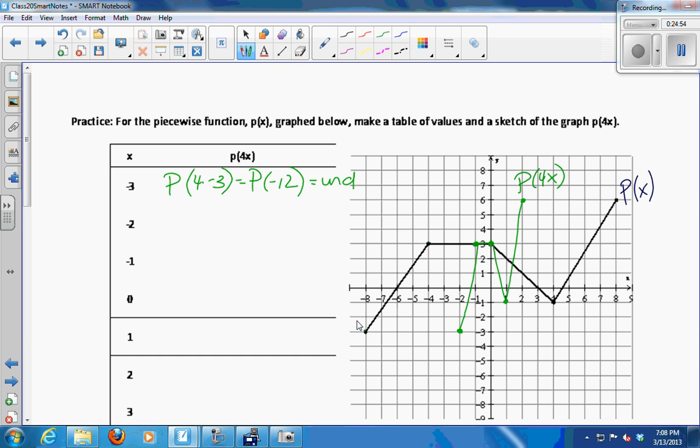Then I try x equals -2. So I do p of -8, because I'm multiplying 4 times the x value they gave me. P of -8 is -3. And when x is -1, plug in there, I get p of -4. P of -4 is 3.